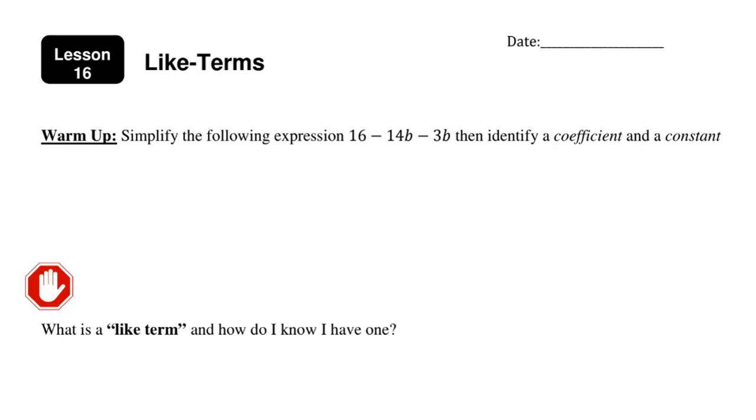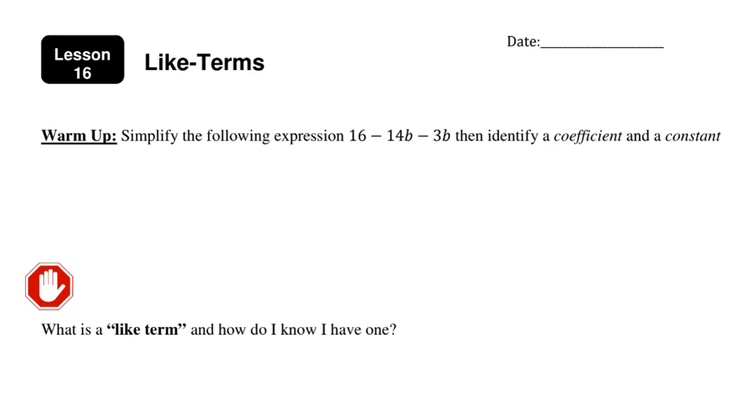So our little warm-up says, simplify the following expression, 16 minus 14b minus 3b, then identify a coefficient and a constant. So if you recall from our last lesson in class, when we are simplifying, we circle the like terms, and then we combine them.